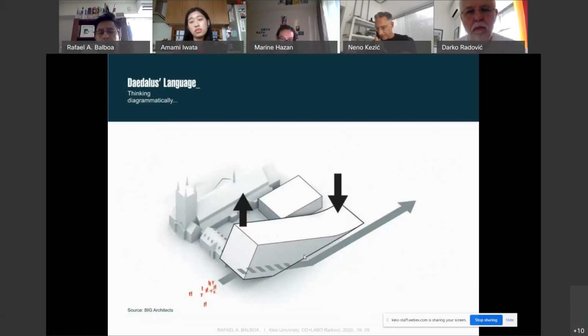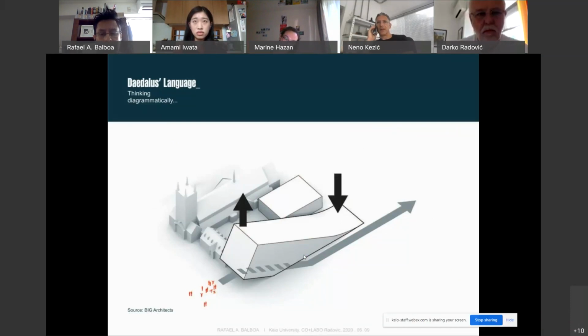And we all know about all these, specifically Bjarke Ingels, how he has created a complete school of representation and diagrammatic thinking. I think ideally it's better when you start to create your own language, your own techniques.